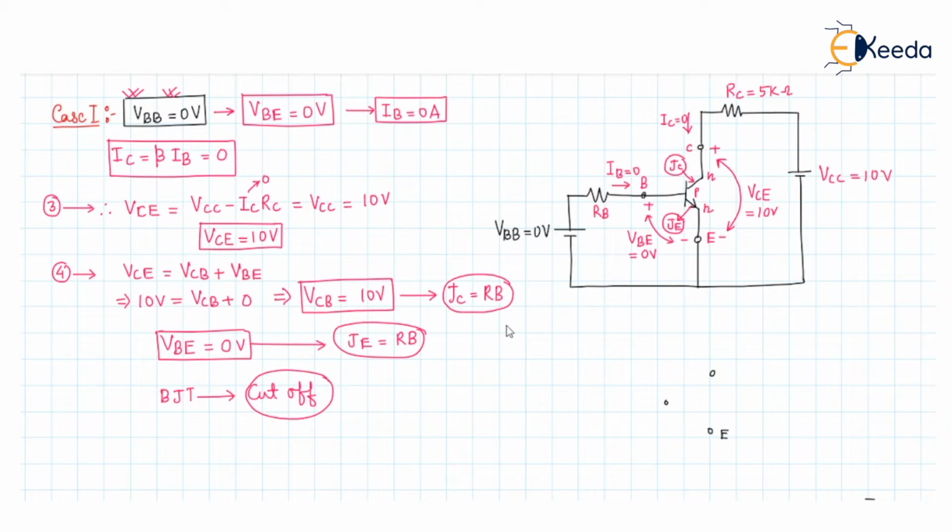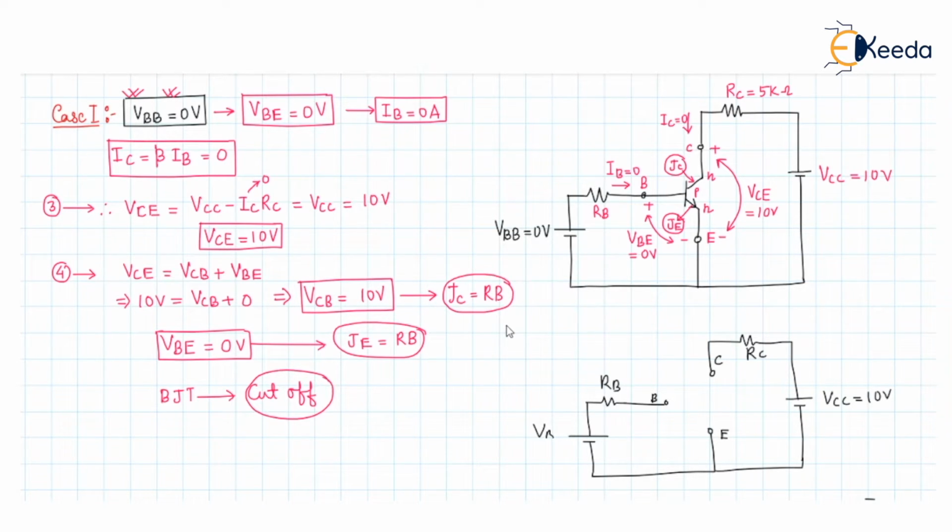So there is a connection of resistor RB here, and there is a zero potential applied here, and with the collector there is an RC resistance connected, and there is also a VCC connected here, and this is my VCC, that is the 10 volt, RC, RB, and VBB voltage equals to 0.